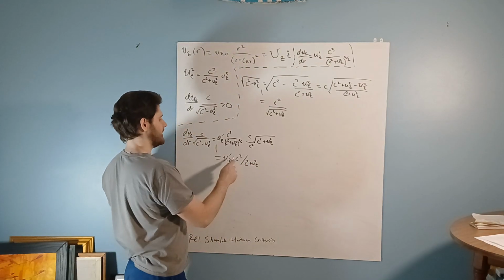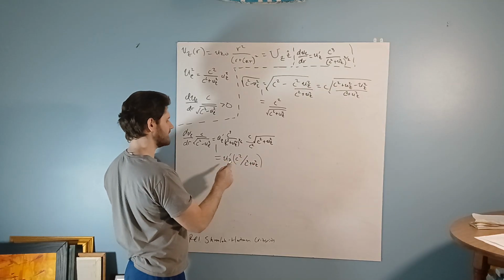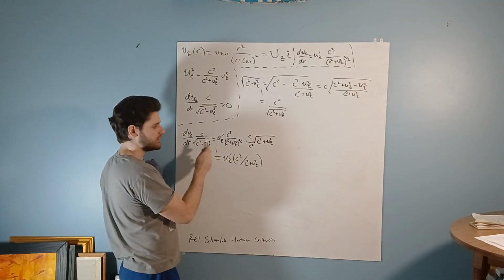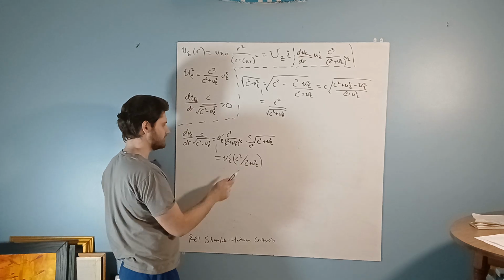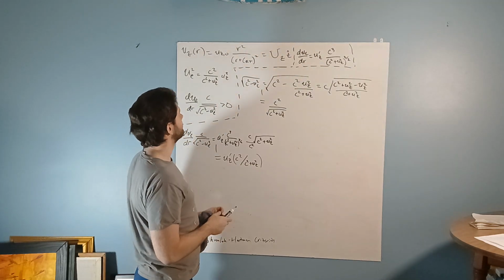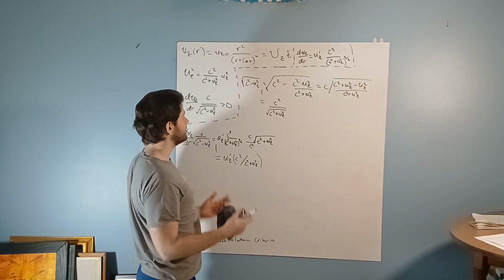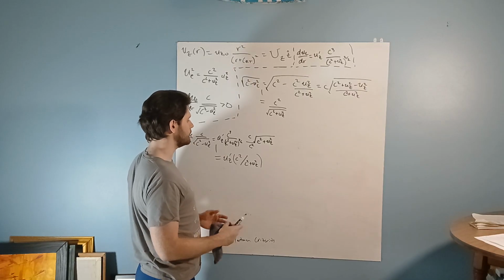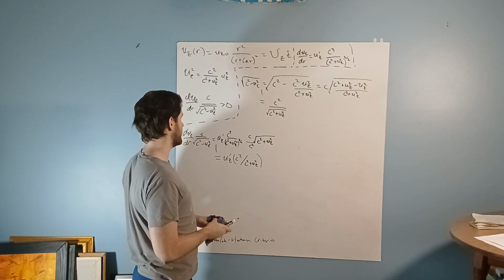Now this is nice. This is really nice. Look how ugly this was. Look how nice this is. Okay? Now this is when we can plug in uz squared and uz prime, all right?